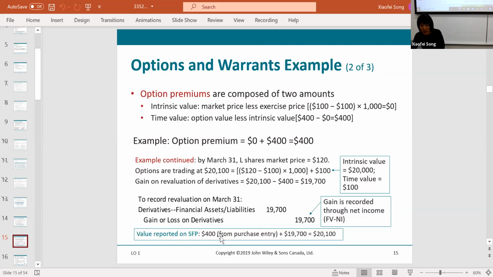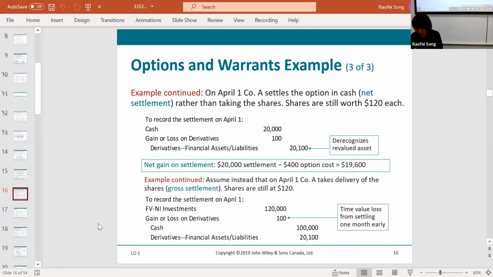There's already 400 here, and with the increase of 19,700, the balance is 20,100. And then we also like to unpack this. What is the value of 20,100? That's 20,000 intrinsic value and 100 time value. Oh, actually I have it right here, which is great.